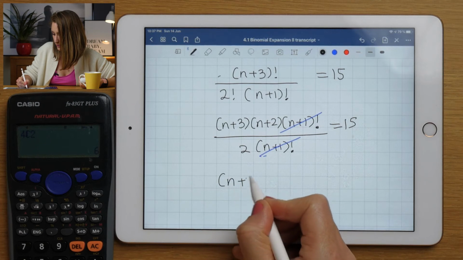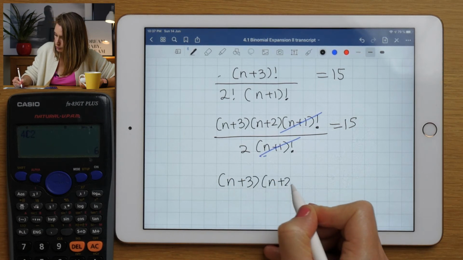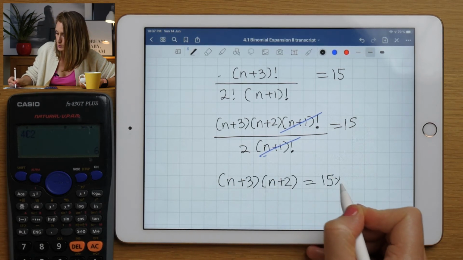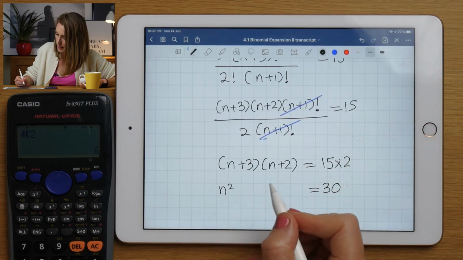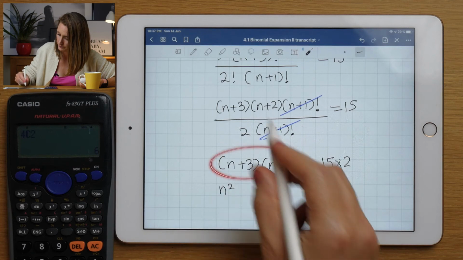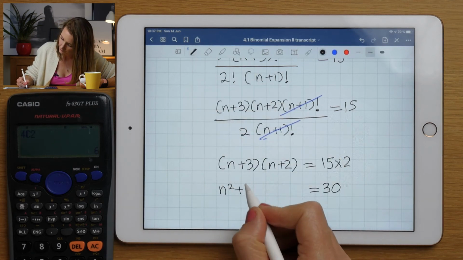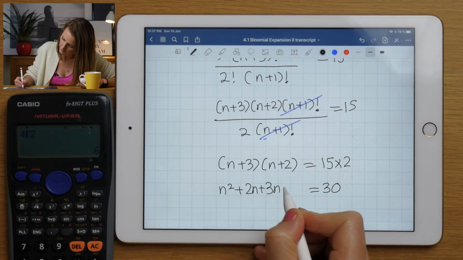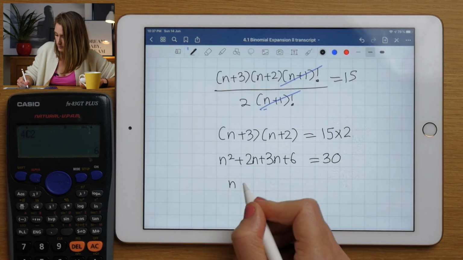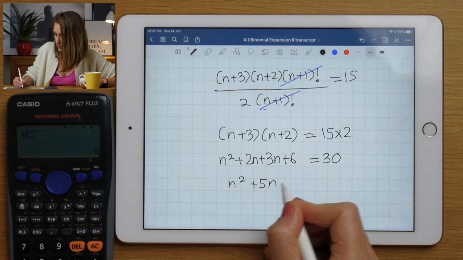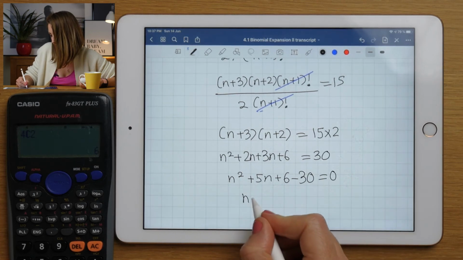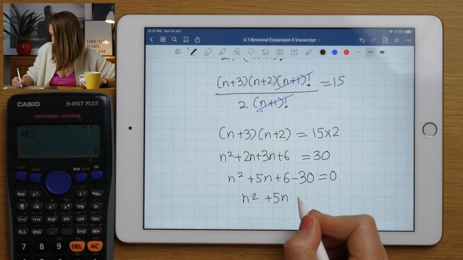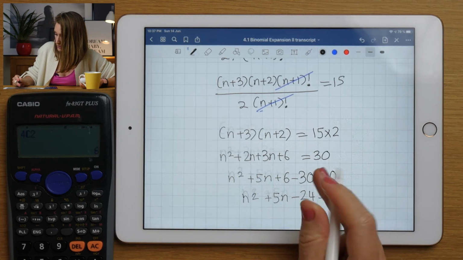We've got left with n plus 3 times n plus 2 equals 15 times 2, which is 30. Multiply out your brackets here. With a quadratic equation, you always want to have everything on one side and 0 on the other side. So n squared plus 5n minus 24 equals 0.